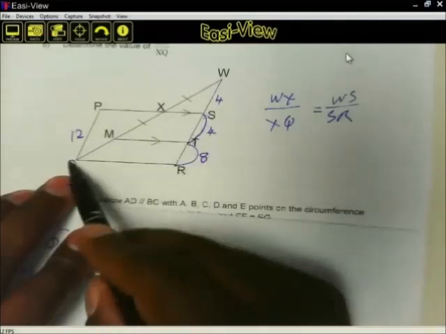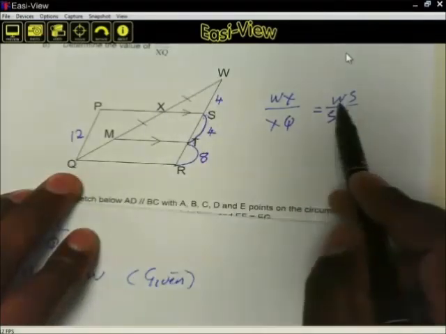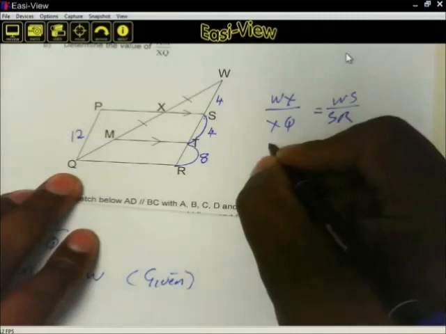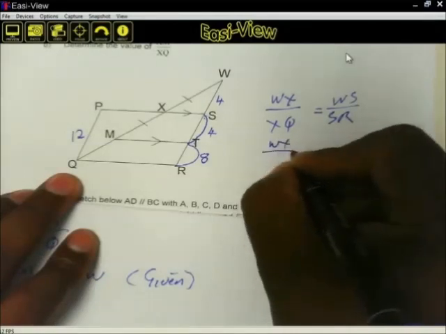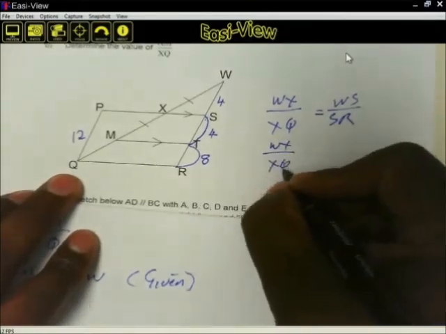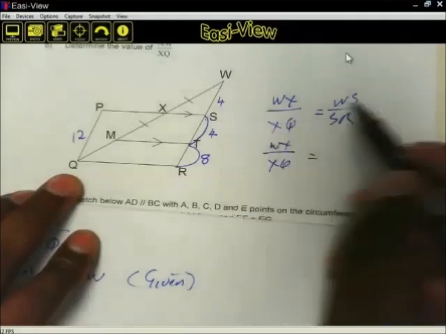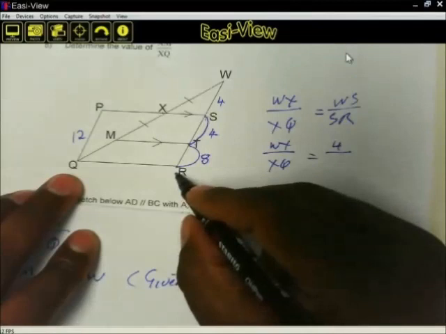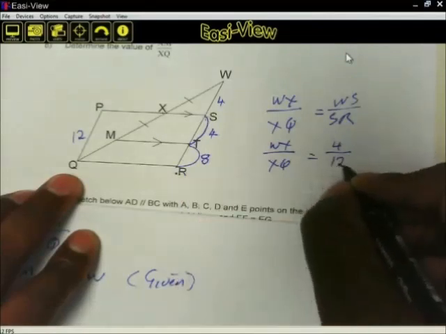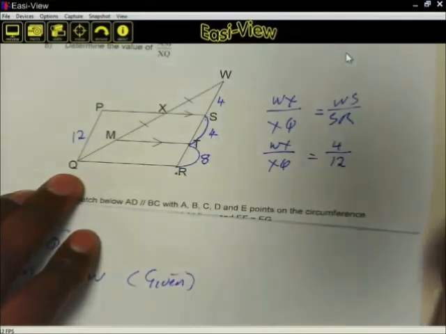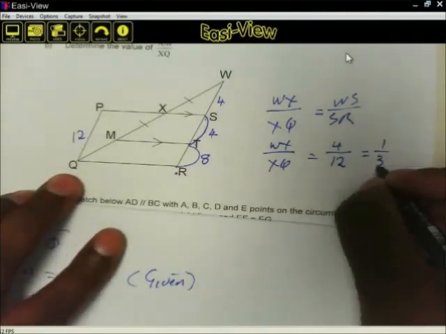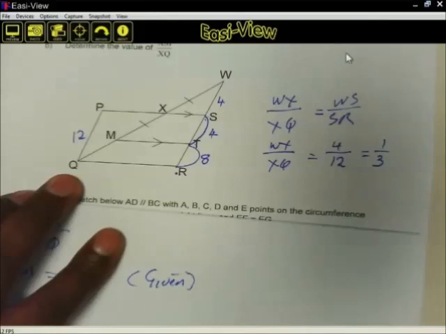WX over XQ is equal to WS over SR. What is the ratio? WX over XQ equals WS, which is 4, over SR, which is 12. We can simplify the ratio to 1 over 3.